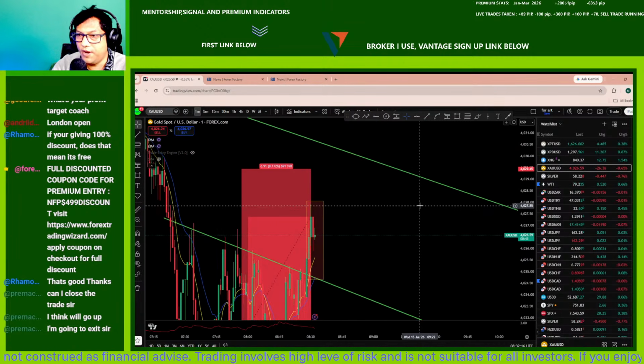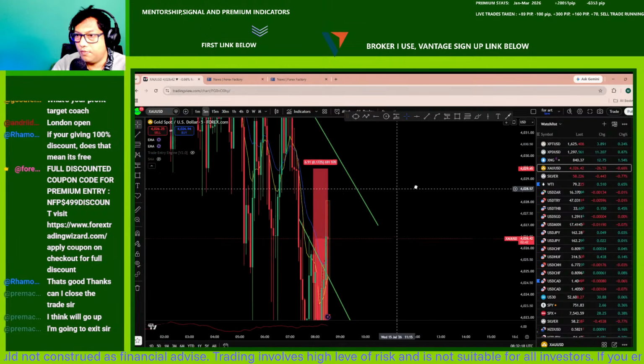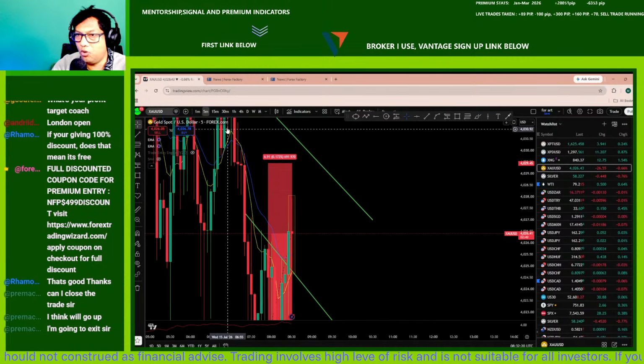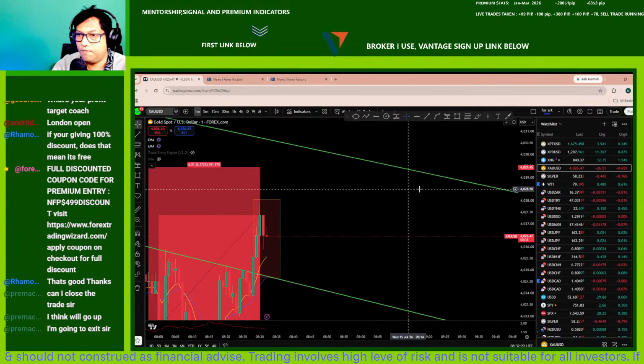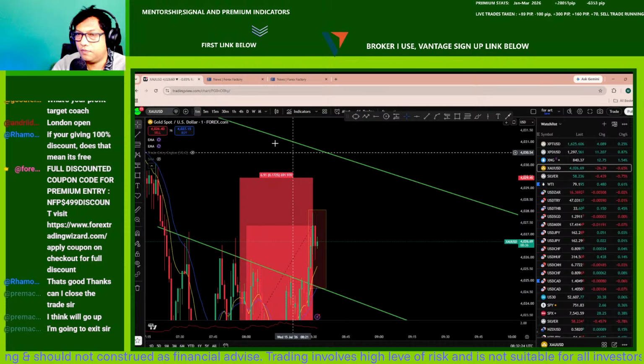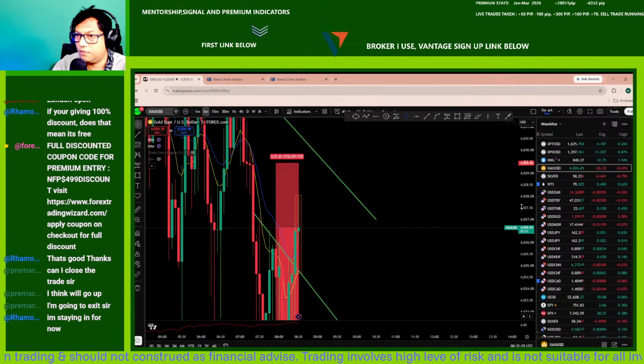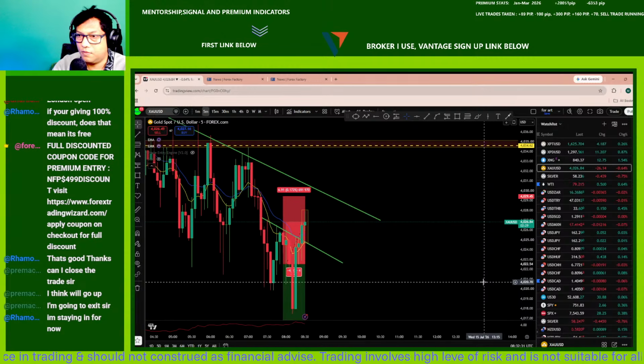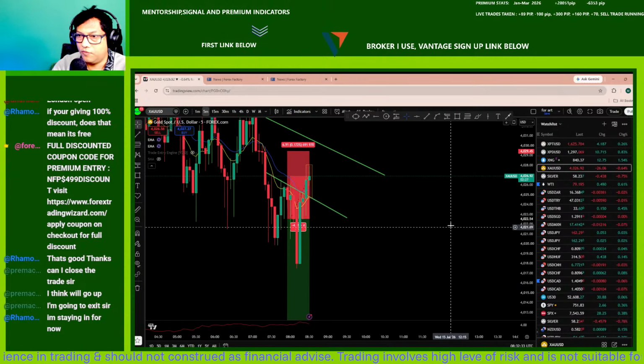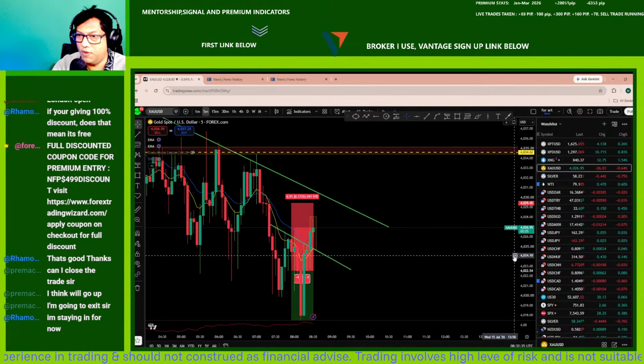And with this movement that you can see with a long wick price action here, okay, so this is a one single move back to the upside.